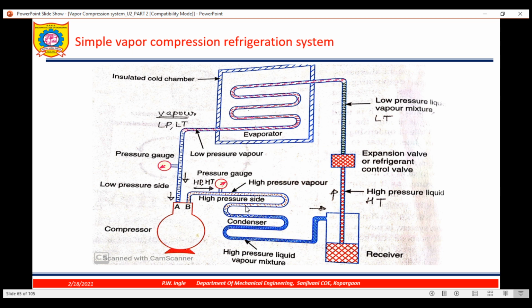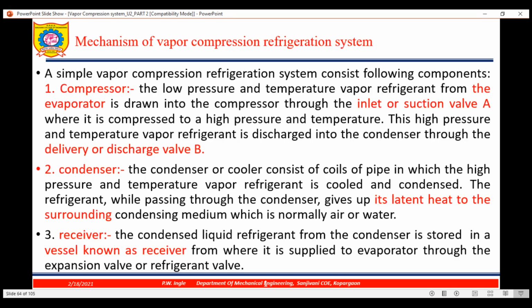In a household refrigerator or air conditioning, the condenser is placed at the back side of your refrigerator. So condensation is taking place because this refrigerant gives its latent heat to the air.